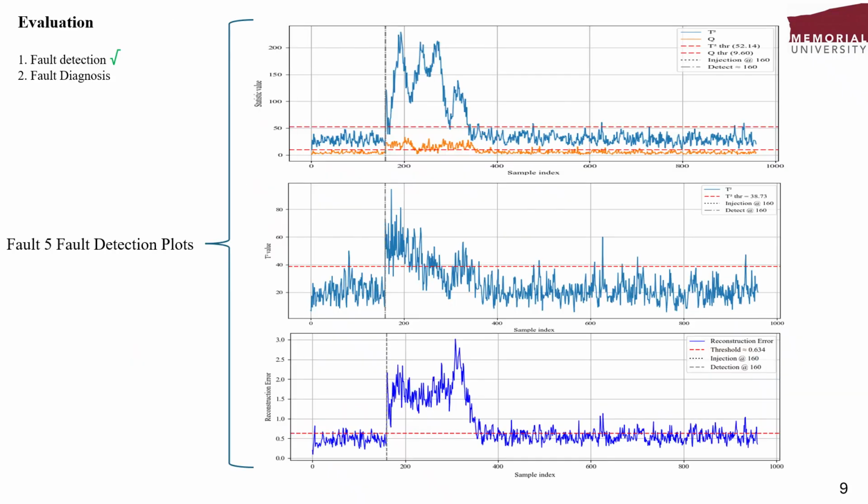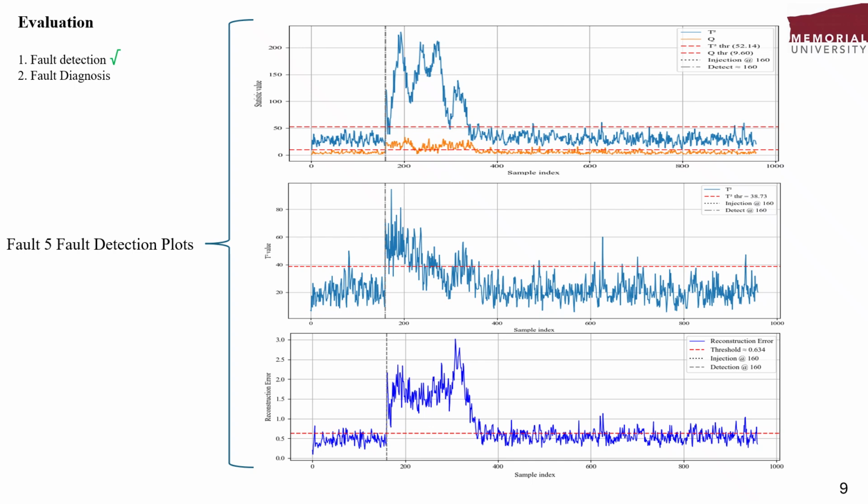And also in this plot, you can see the performance of each method for fault detection. All of the faults are injected to the dataset at the 160th measurement. As you can see, the performance of autoencoder is better than the others.